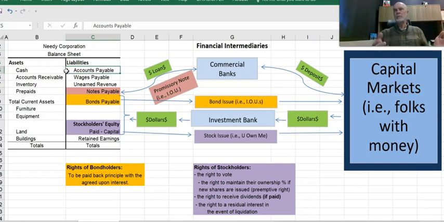We call that accounts payable. If you have employees, every day that they work for you, you are building up a liability to them, and then you pay that on payday. So if you're putting together a balance sheet between paydays, you're going to have some wages payable or salaries payable that you owe to your employees.